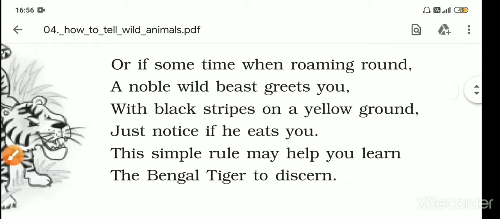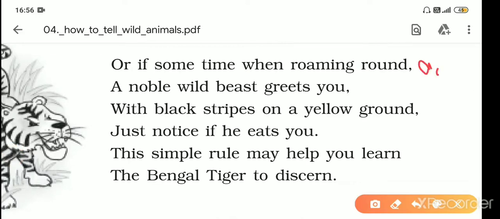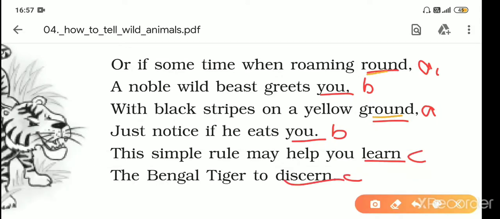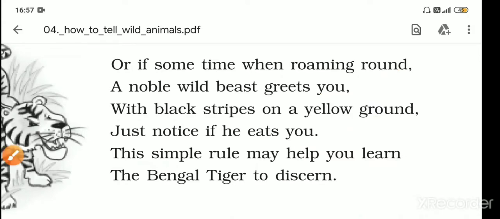Now, let us see once again the literary devices used in the stanza. A rhyme scheme, the first one. Here again it is followed by the same rhyme scheme AB, AB and CC, that is round, you, ground, you, learn, discern, CC.